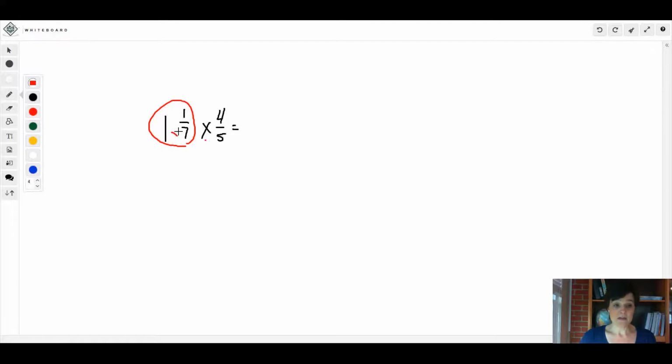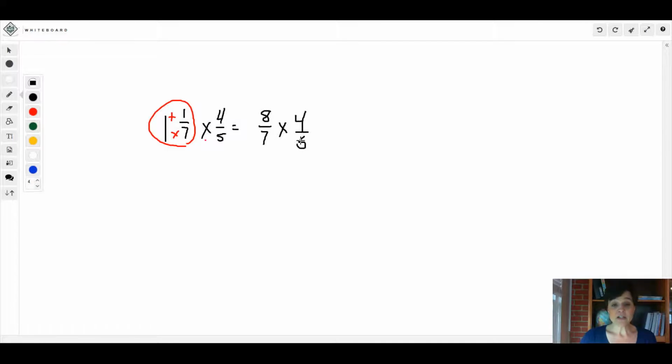Remember how to do that? The shortcut, you multiply the denominator times the whole number, so that'd be 7, and then you add the numerator, that'd be 8. So then your new fraction would be 8 over 7 times, and then just bring everything else over. And you don't need the reciprocal, only if it's division. So you'll just bring this one over.